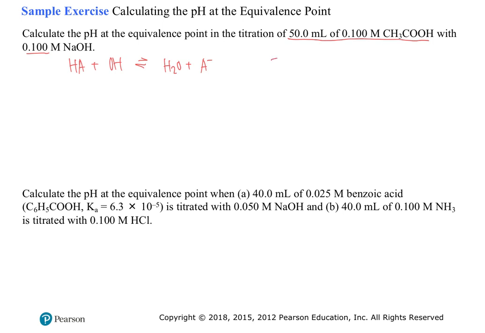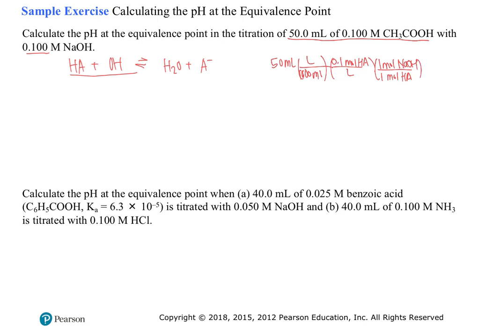So I have 50 milliliters, and I have 1,000 milliliters per liter, and then I have 0.1 moles of HA, acetic acid, per liter. Since I have a 1-to-1 ratio based on my reaction, for every 1 mole of HA I have 1 mole of hydroxide, sodium hydroxide.